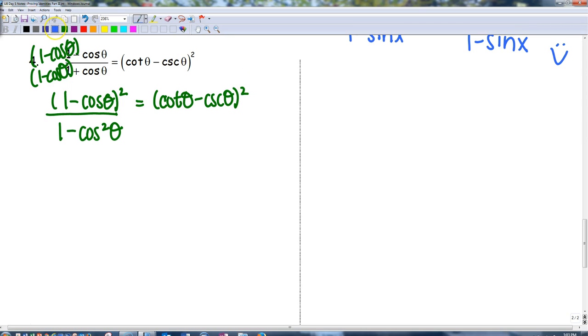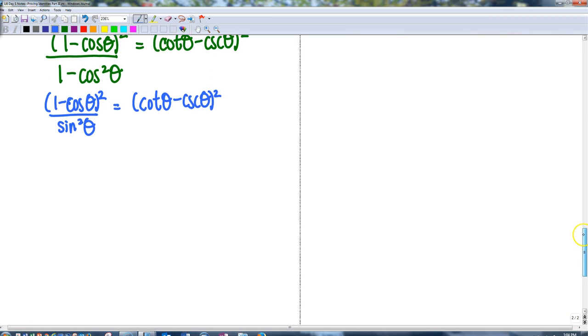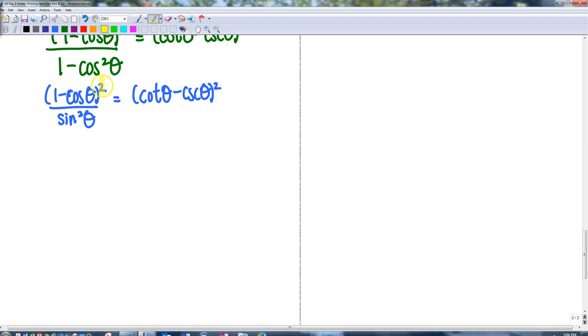All right, so now what I'm going to do is rewrite the bottom as a sine squared theta, and then I want you to notice that both the numerator and the denominator have a squared.